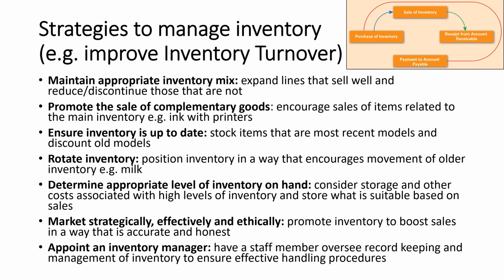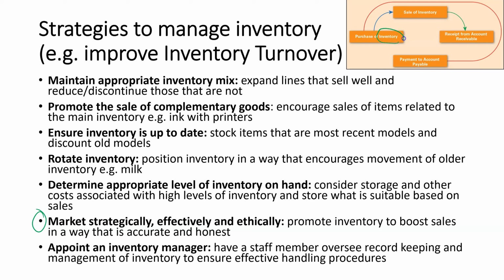So we've got here a big list, and to give you an example, some of the things that we could do would be to market strategically, effectively and ethically. Now, if we promote our inventory well through marketing, that's then going to lead to a boost in sales.